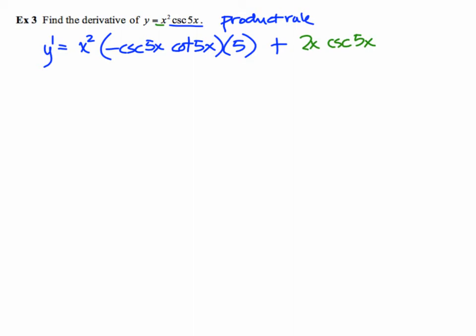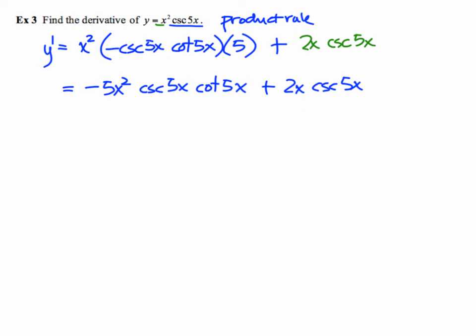And I'll simplify this a bit. You can see how I have a negative x squared and then the 5, so that becomes negative 5x squared cosecant 5x cotangent 5x, plus 2x cosecant 5x. And I do have a GCF here, so in my third equal sign, I'll factor out a cosecant 5x out front.